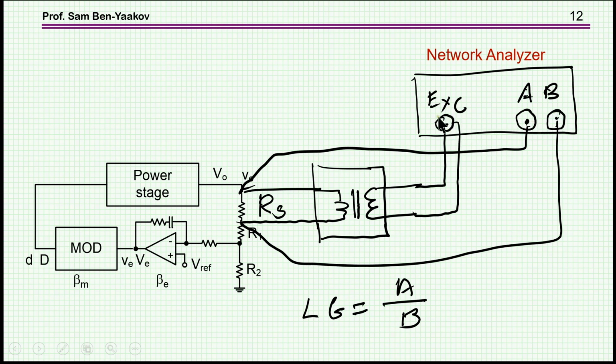One is the excitation that goes into the injector, here it is, and then 2 other terminals which are inputs, A and B, and you connect one to one side, one to the other side, and this instrument is capable of giving you the ratio of A over B, amplitude and phase. And this is exactly what we need, because this ratio is basically the loop gain. So this is the way it is done.